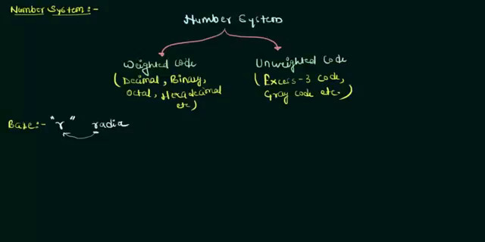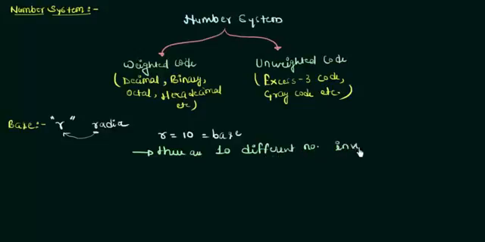For example, if I say R is equal to 10, it means the base is equal to 10, and if the base is 10, it means there are 10 different numbers involved.